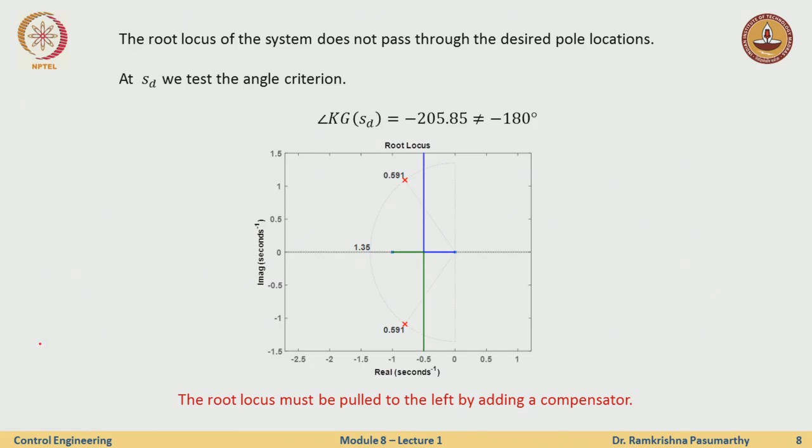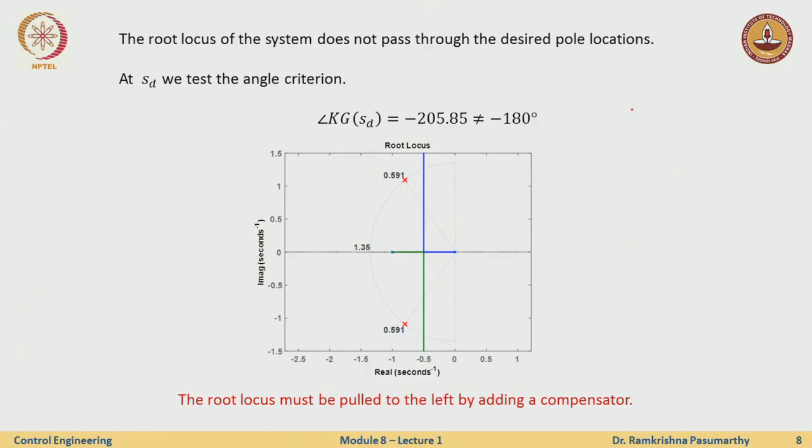So, what we should check is, does the root locus of the system pass through the desired pole locations? The answer is no. Another way to check is also the angle criterion, right? If I do not know how to plot, I do not have MATLAB with me, I will just check what is the angle, right?